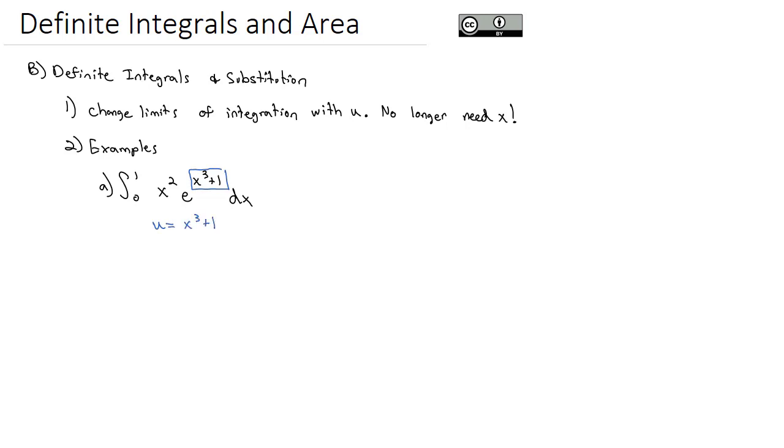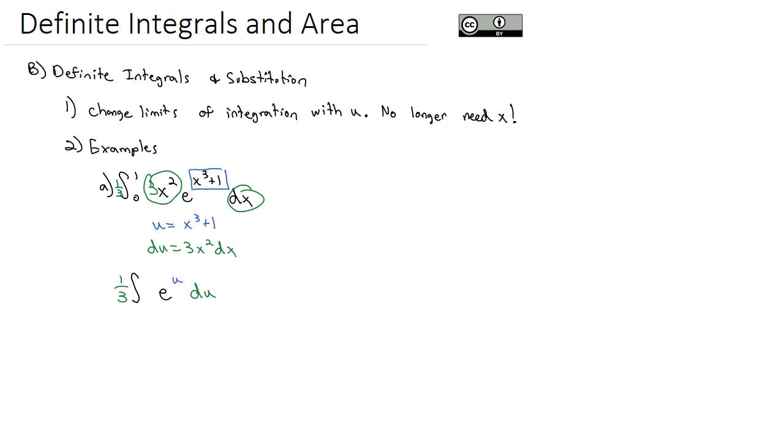And that works because du, the 3x squared dx, we can obtain what we need by multiplying by 3 and dividing by 3. And then the 3x squared dx will all become my du. So now we have the integral of the 3x squared dx becoming the du. And we're left with e to the u with a 1/3 out front.